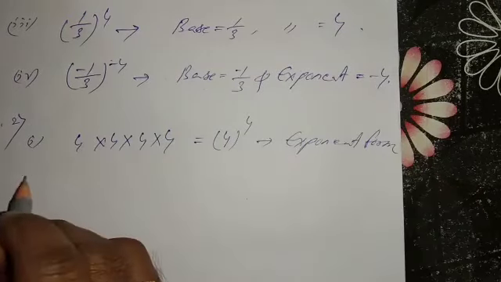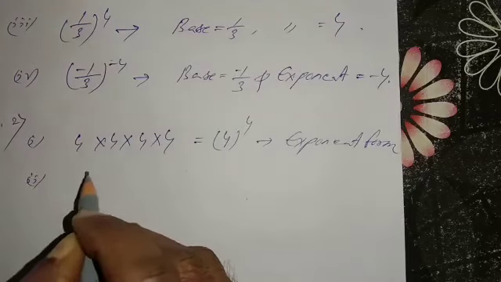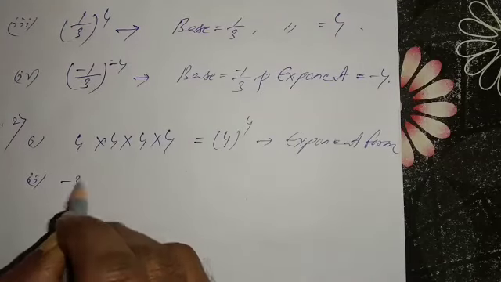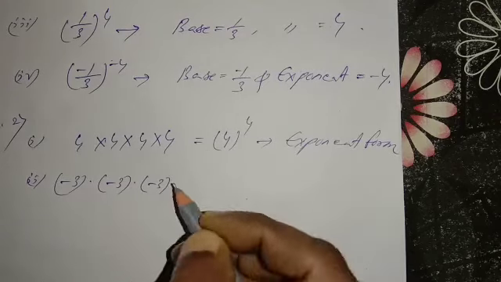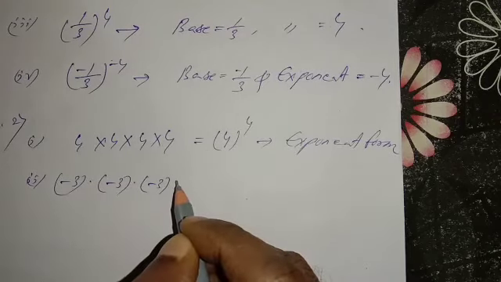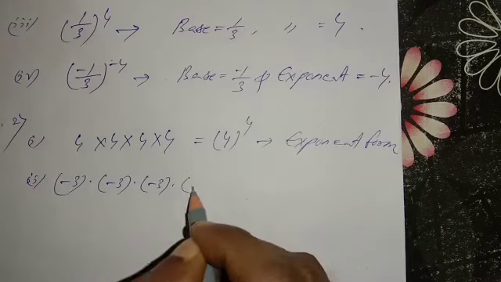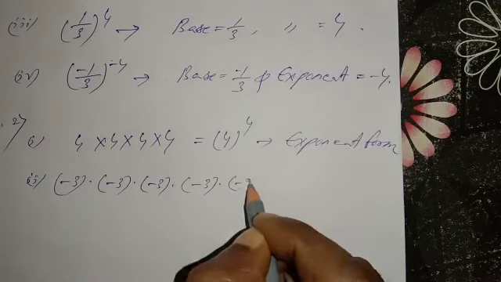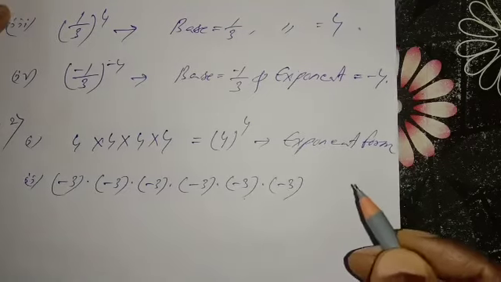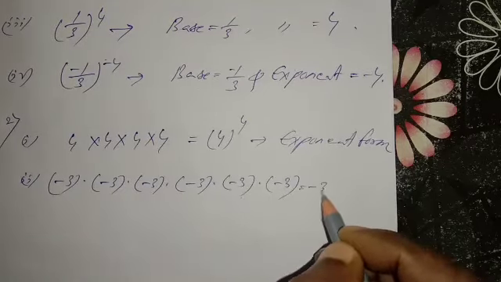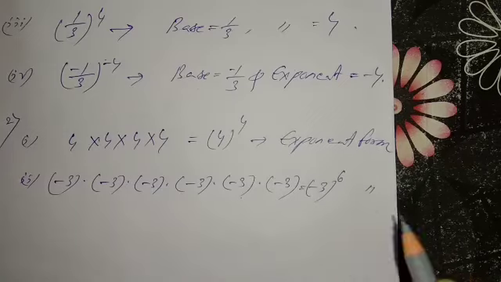Okay. The second part, it is given minus 3 into minus 3 into minus 3. Just to see how many times minus 3 is multiplied. 6 times. That means this is minus 3 whole to the power 6. This one is exponent form.